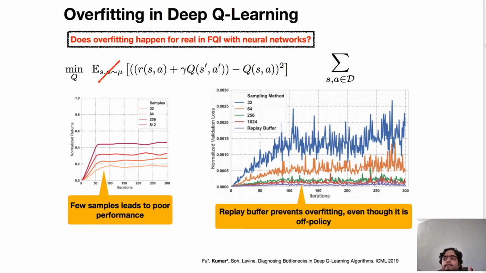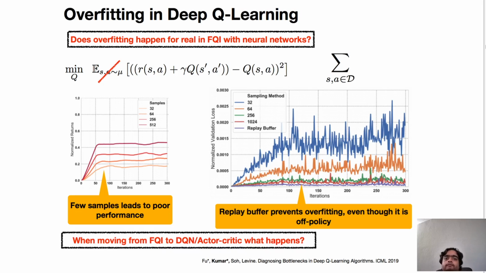Perhaps the answer is that if you're not able to collect a lot of online, on-policy data during training, a replay buffer can give you more stability because it can prevent overfitting. It can induce a bit of bias in your system, but it can reduce variance, because you're not suffering from overfitting to a finite set of samples and leading to high variance solutions. So that's a potential usage of the replay buffer that could be interesting here.